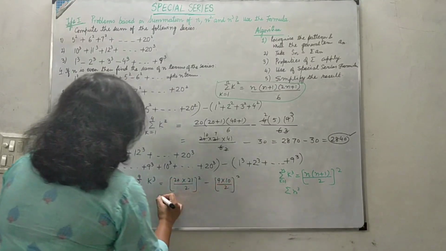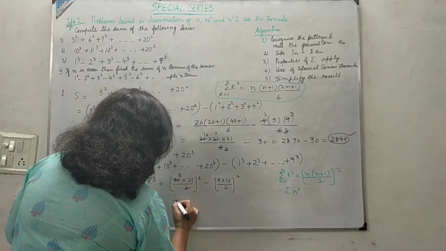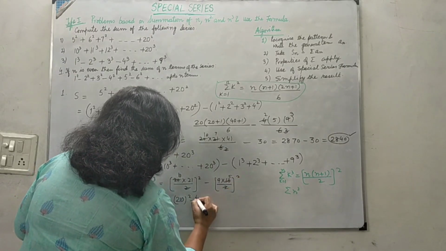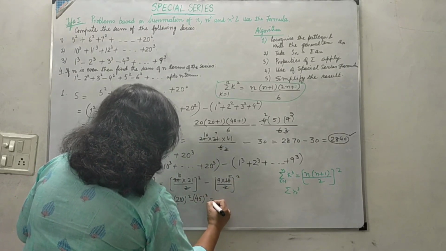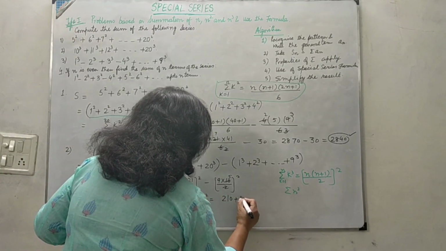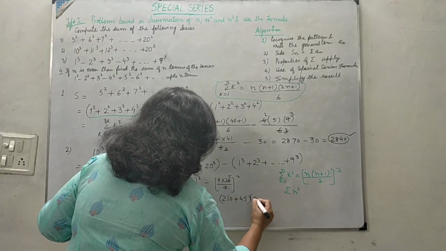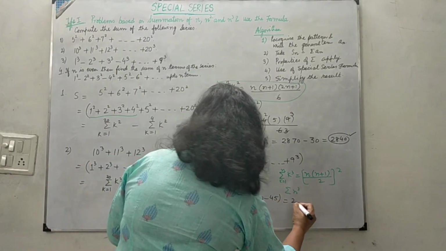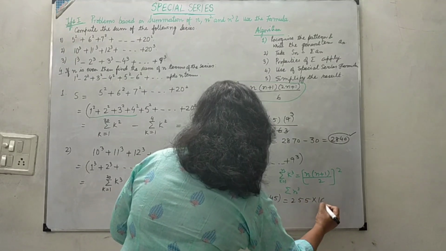So we are left with 210 square minus 45 square. So this is a square minus b square. I can apply 210 plus 45 into 210 minus 45. That comes out to be 255 into 165.